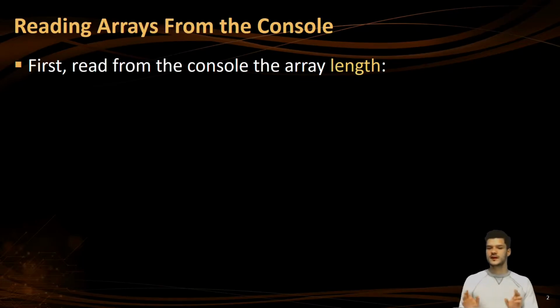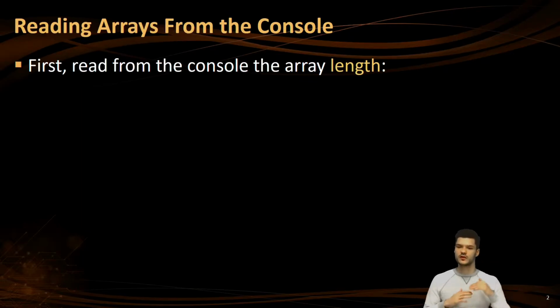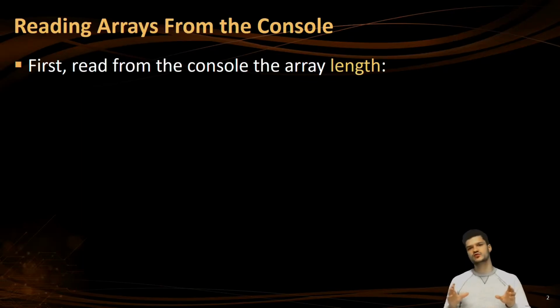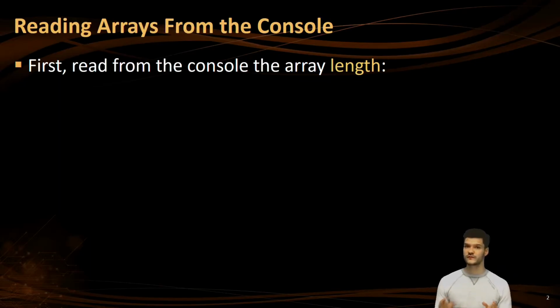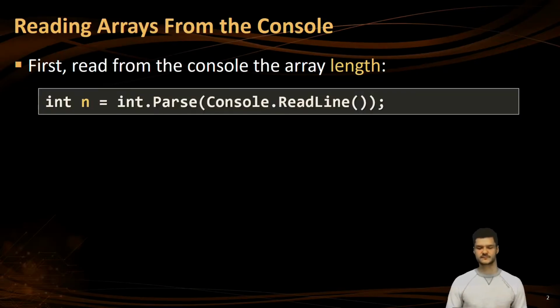Let's take the use case where we have a console application, and we would like to create an array and put some values dynamically from the console only. Initially, as we know, we have to define the length of the array. So first we need to read the array length from the console. How do we read it?